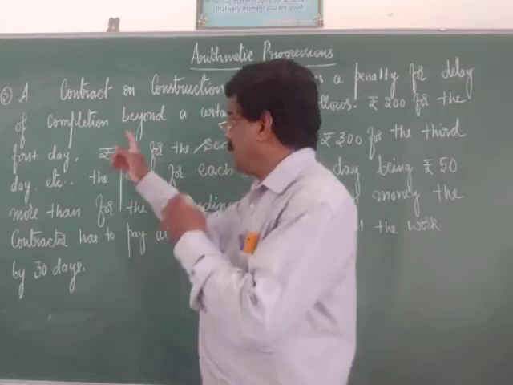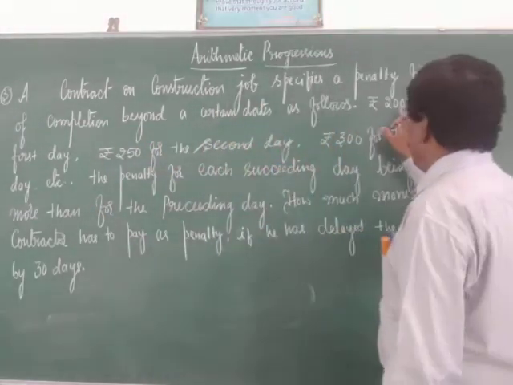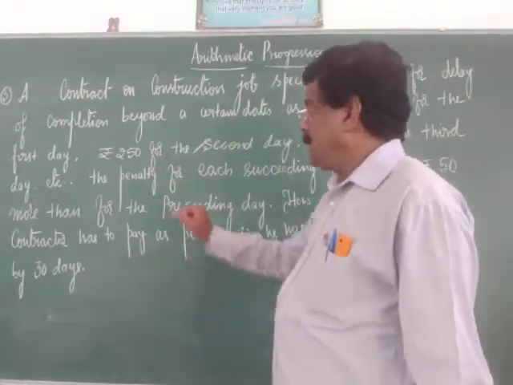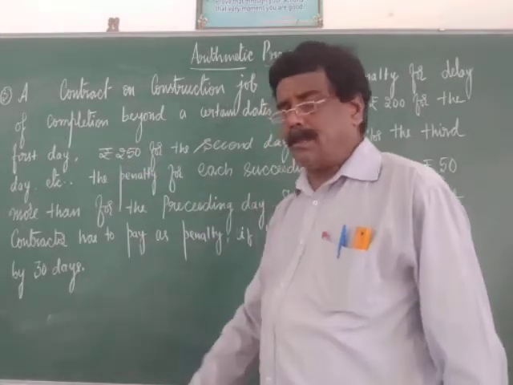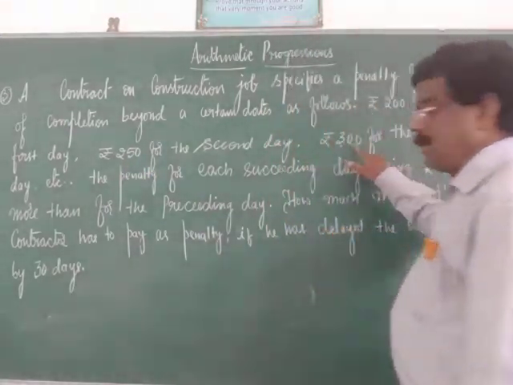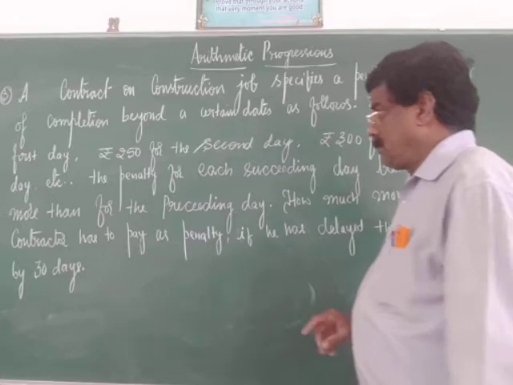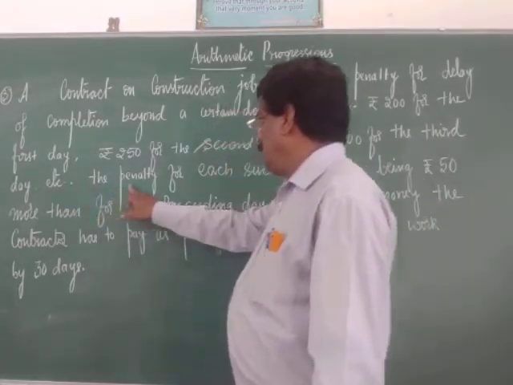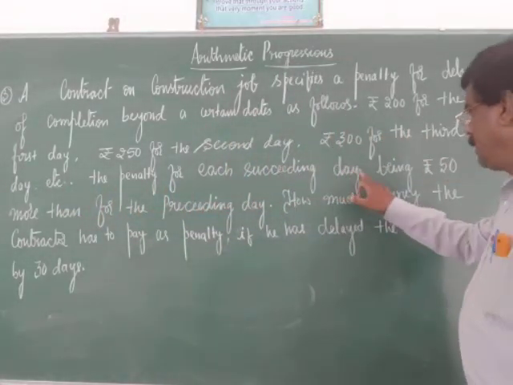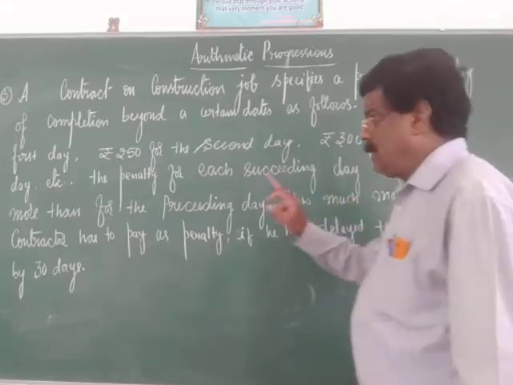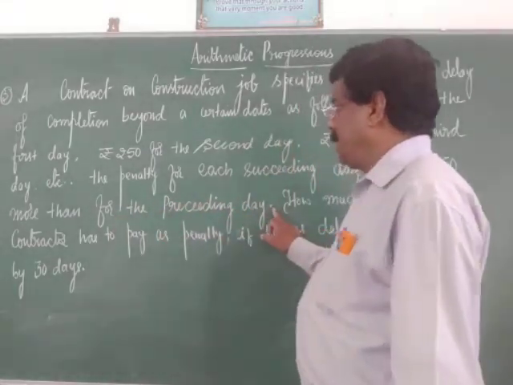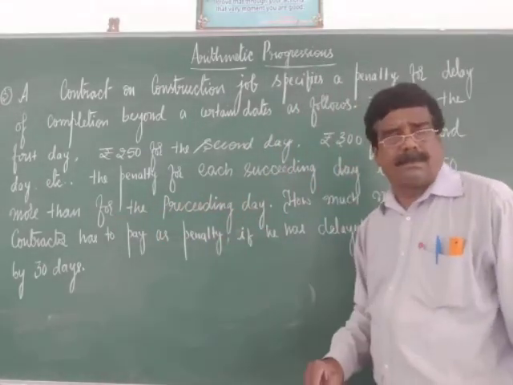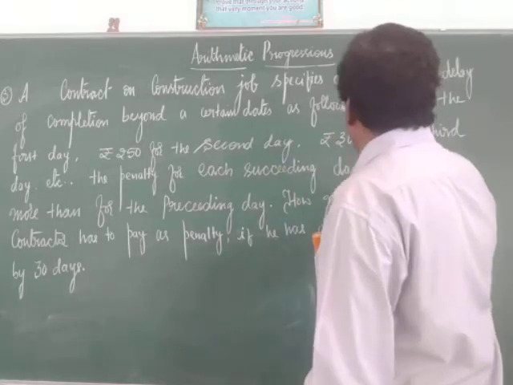So first term is how much? It is 200. Second term 250. Third term 300 and so on, etc. The penalty for each succeeding day being rupees 50 more than the preceding day. It's already given in the sum only, children. First day is 200.